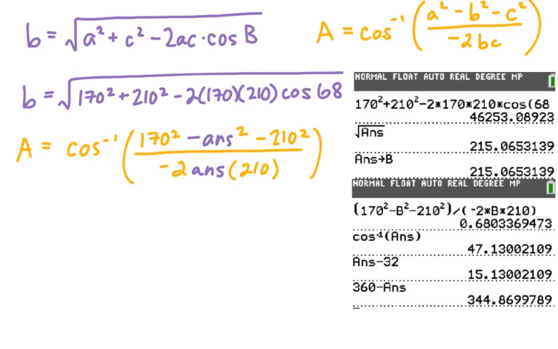Then I would take the square root and use my answer button, so square root and then second answer, which gives me that b is roughly 215.07, and that unit measure would be in kilometers.